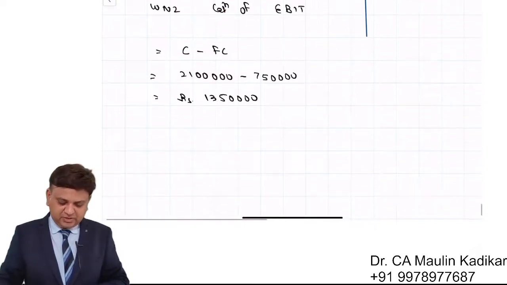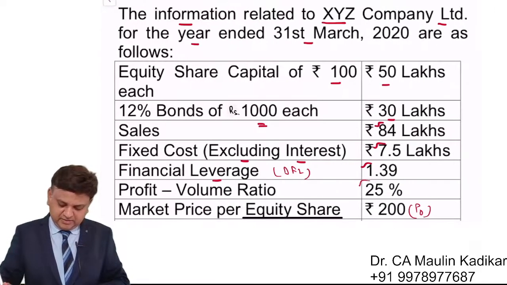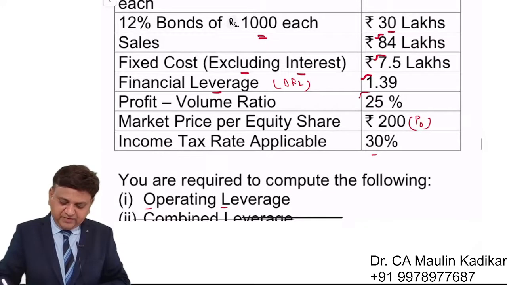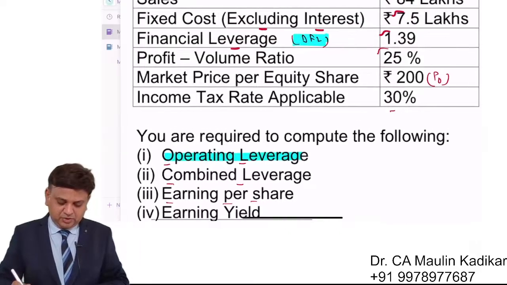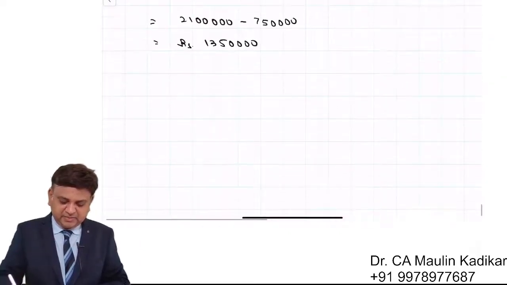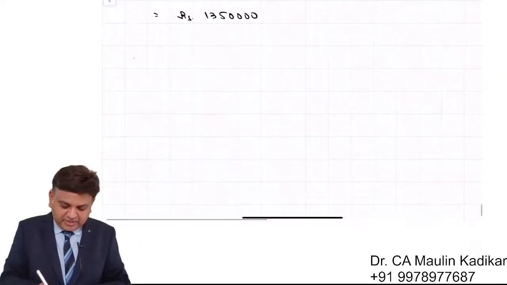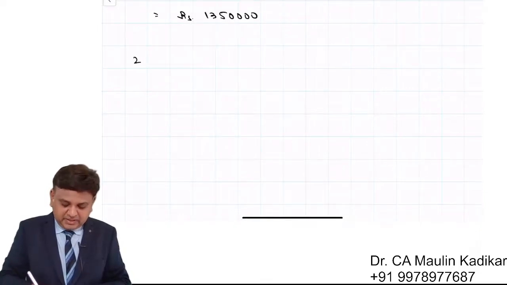Second question says that you are required to compute DCL. See, we have the DFL and we have computed DOL. So now DCL calculation is extremely simple. So answer for the second question, DCL is DOL into DFL.